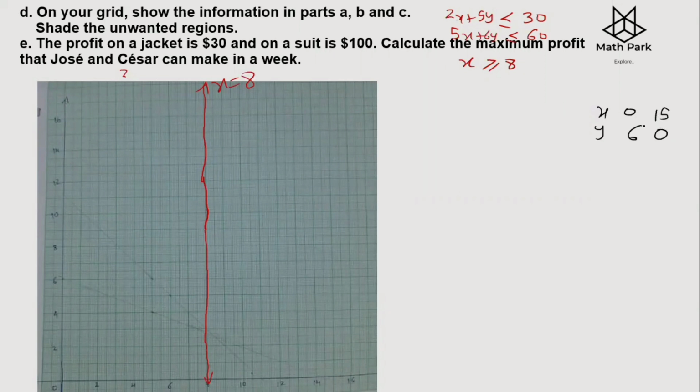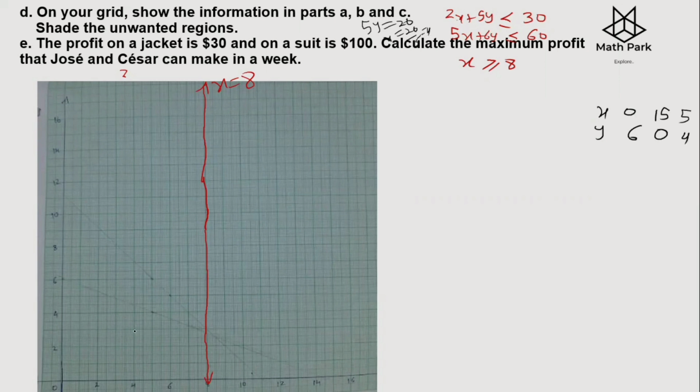Or if you take x is equal to 5, 2 times 5 is 10, 30 minus 10 is 20, so 5y is equal to 20, and y is 20 by 5, which is 4.